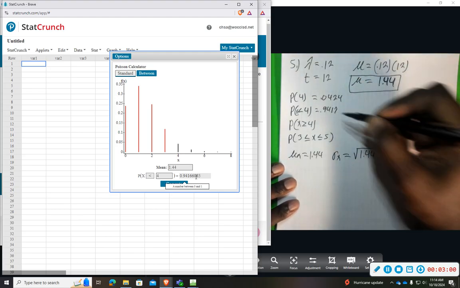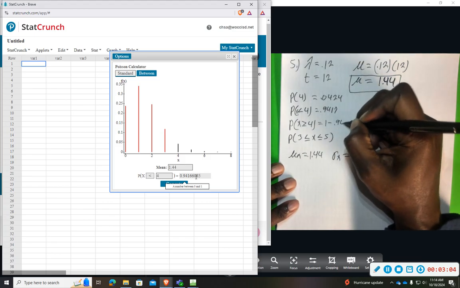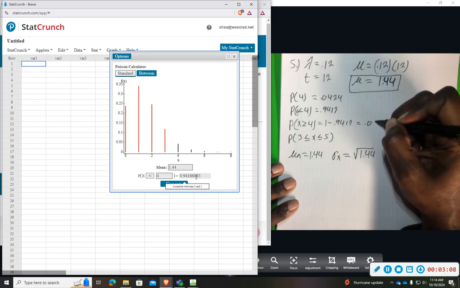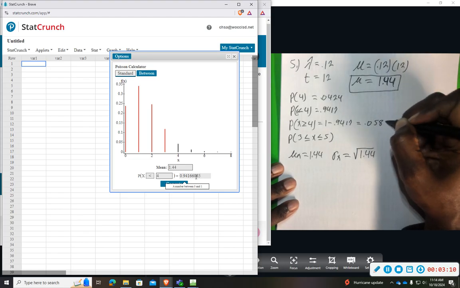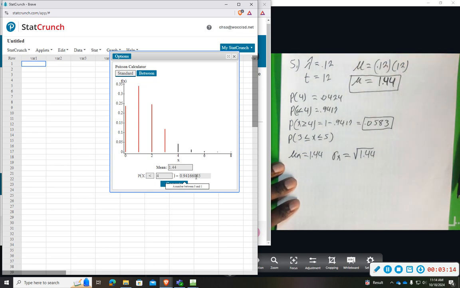One minus this value will give us 0.0583 when rounded. But again, we can just say greater than or equal to 4, and we get 0.0583.